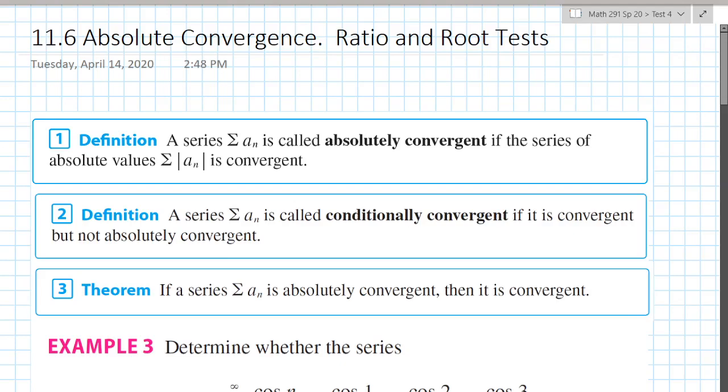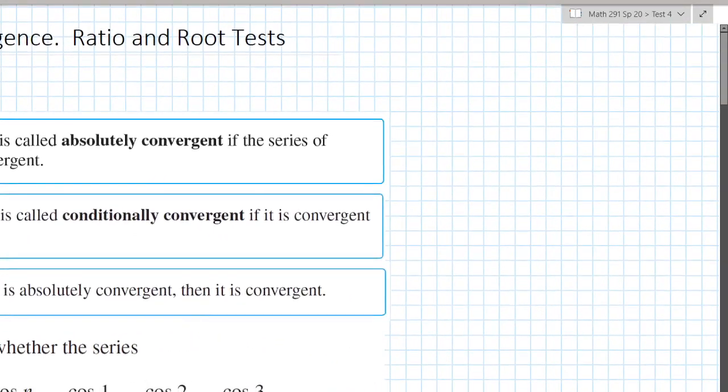So that would be a conditionally convergent series. So that was convergent, and this one was divergent.